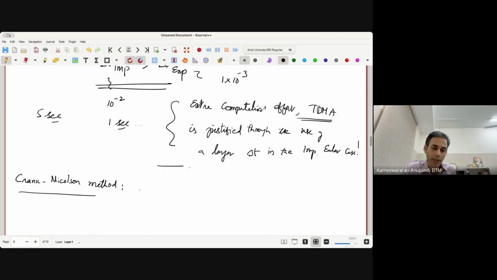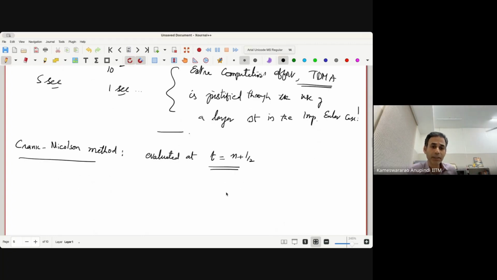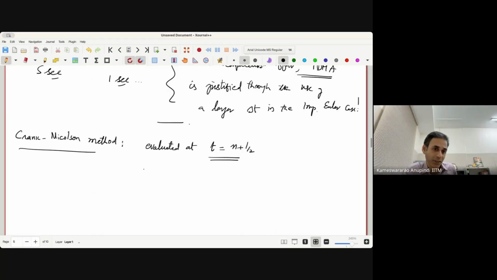Essentially, we said the equation is evaluated at time t equals n plus half. So everything is evaluated at n plus half. As a result, we wrote the discretization for our 1D transient diffusion equation as u_i^(n+1) minus u_i^n divided by delta t equals alpha by delta x square.